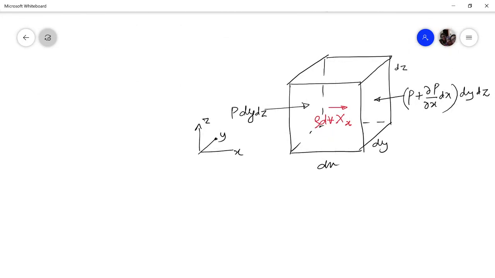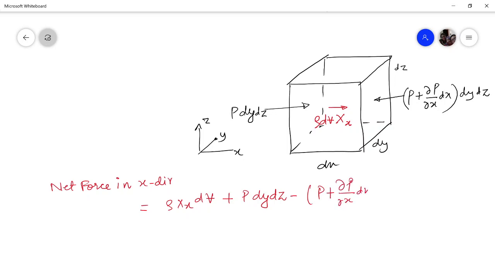Okay, so the net force in x direction will be rho X dv plus P dy dz minus P plus del P by del x dx dy dz. Okay, so this is the net force acting on this control volume in the x direction. So this will be cancelling out and you are left with rho X. Now this is dx dy dz, this is dv, so dv will be taken as common. So this is equation number 3.